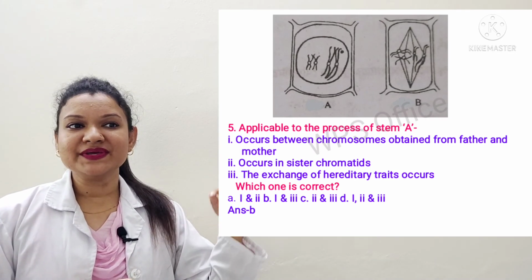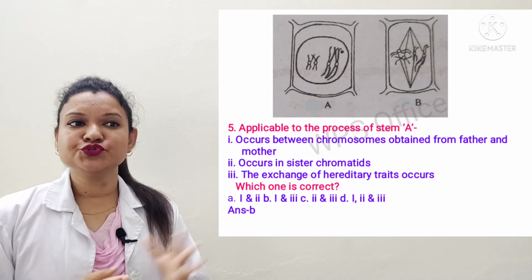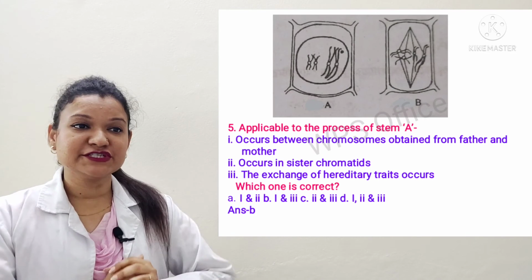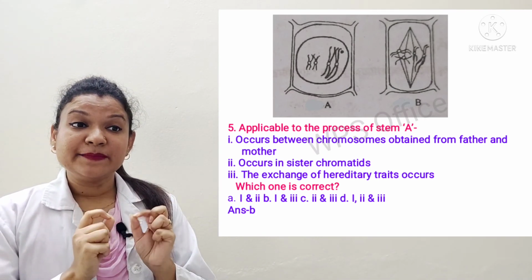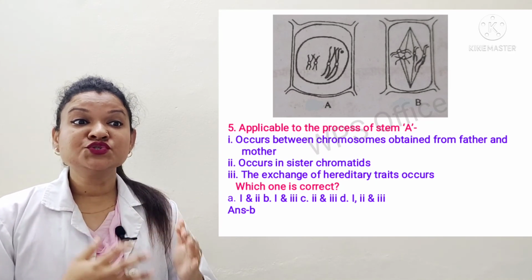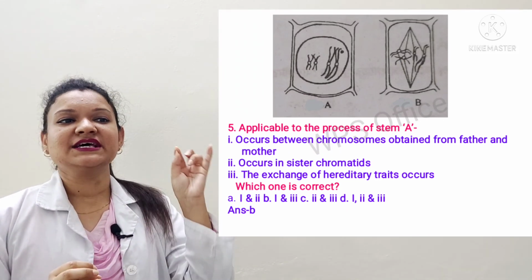So I think we can include option number 1. Then number 2, occurs in sister chromatids. In my crossing over definition, I said exchange of genes happens between two non-sister chromatids. So we can remove this option.